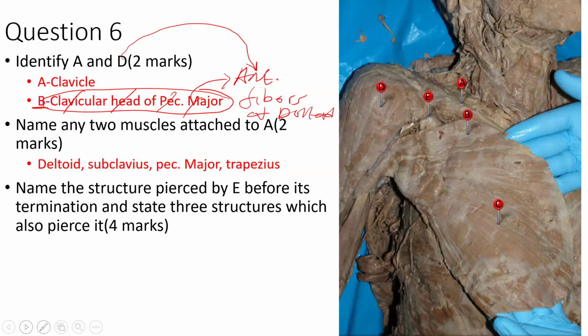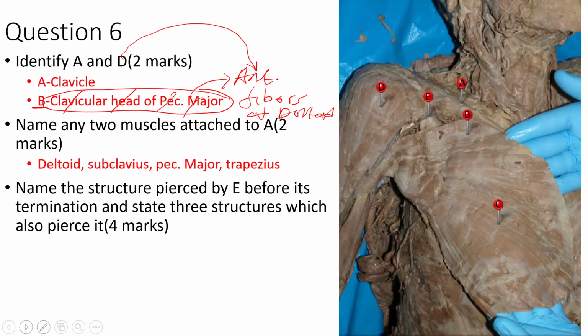You just wait for me to go to that question and you just press send, which is good. The clavipectoral fascia. So clavipectoral fascia is pierced by the following structures. And even Ayub has told us another name of clavipectoral fascia as the costocoracoid membrane.